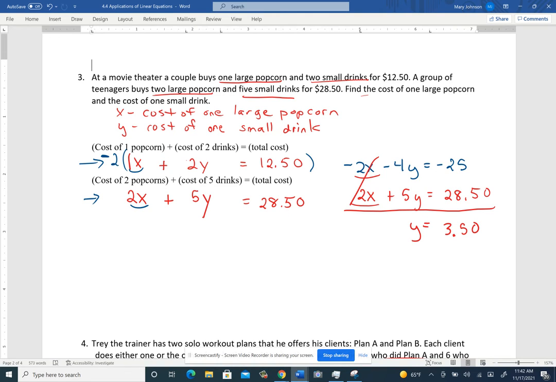Now I need my x. So I could go back and eliminate the y variable if I wanted to, or I could take one of the two equations. So I might just take that first equation, and where y is, I'm going to put the 350.